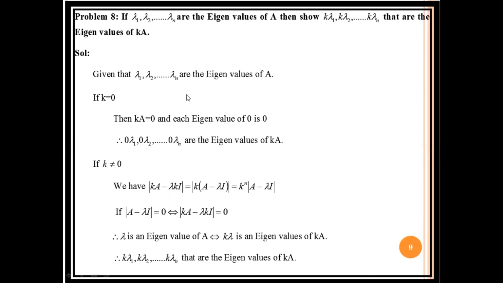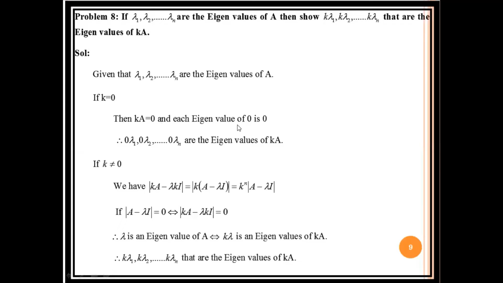Now take the given condition, lambda 1, lambda 2, lambda n are eigenvalues of A, right? Now suppose k is equal to 0. Each lambda is an eigenvalue of A, and k is any positive integer here. Suppose k is equal to 0, what will we get? kA becomes 0, the k value is 0, no? kA becomes 0, means a 0 matrix we will get.